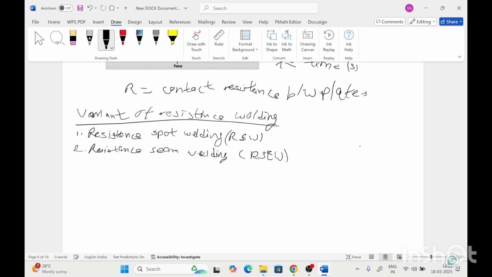Seam means the two plates are joined and the electrode is moved through this joint continuously. It is also called continuous spot creation welding, meaning the continuous weld joint is formed in this resistance seam welding.